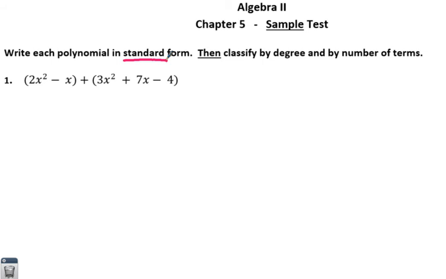So please be aware that if its highest power is 4, then we call it a quartic. If the highest power is 3, we call it a cubic. If the highest power is 2, that's quadratic, as you should have experience with already.